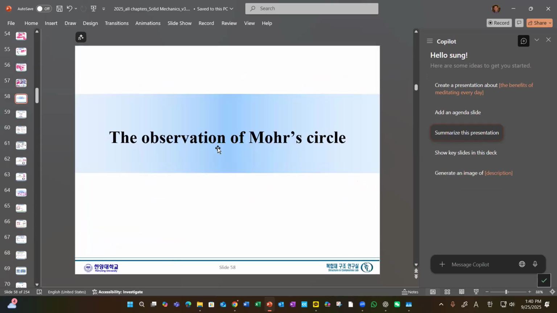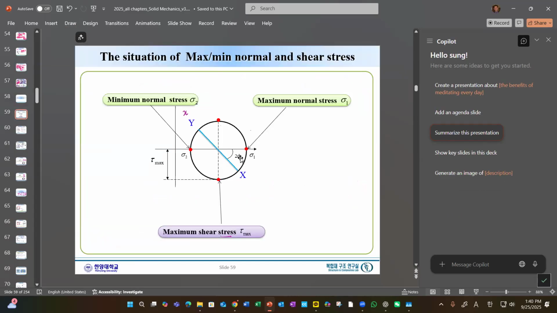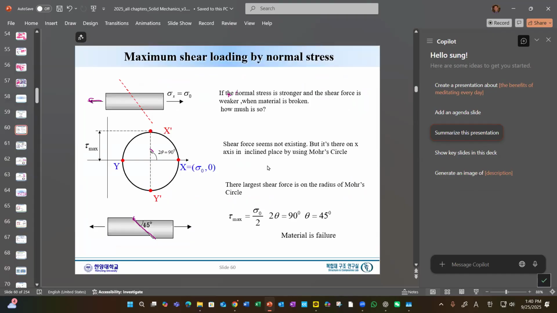We review all the class, we observe, and this is what we already observed. This is all kinds of mathematical equations, but the more important point is how to relate this mathematical expression with the real situation. This is one example. Say we already observed this one.